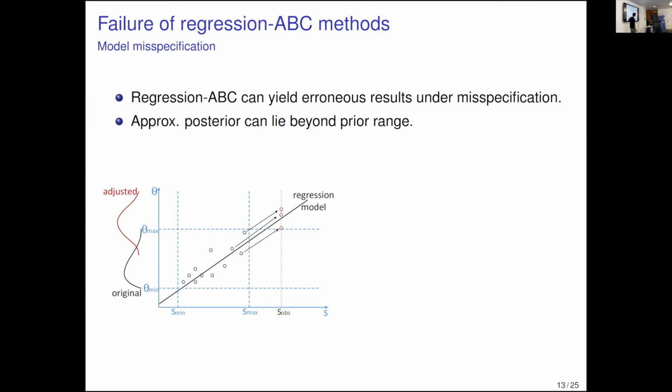So now the model for any value of theta cannot produce any statistic which your data gave. Maybe the data has some outliers, noise, whatever. Then what this method does is it pushes everything onto exactly this line, which means that your posterior even might go beyond your prior range. Okay, which is of course highly undesirable.